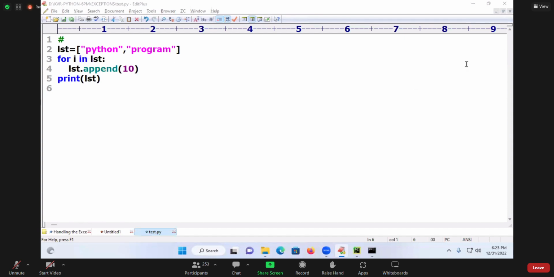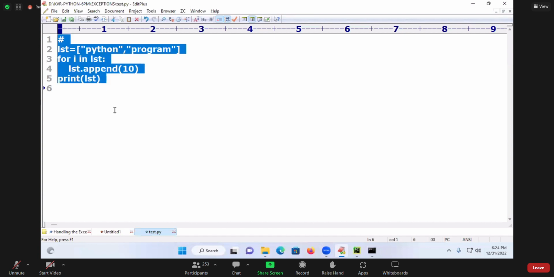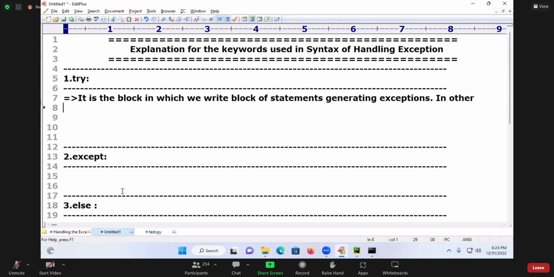For i in lst, it is printing 2 times. Why this is happening, I'll check and let you know. Is this code correct or not? I will look into that code first and let you know. Okay, so let me move further.